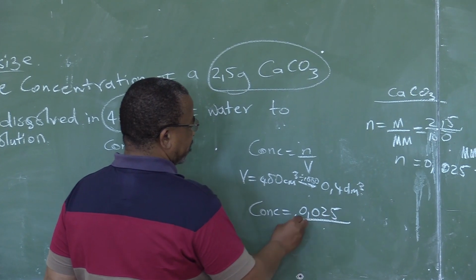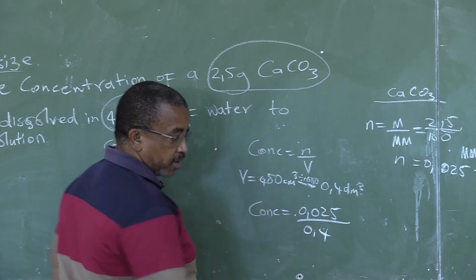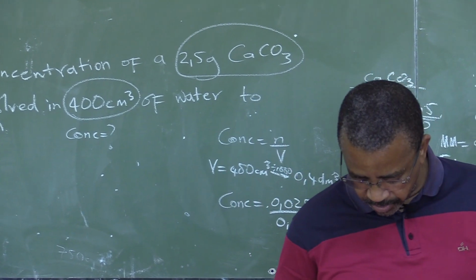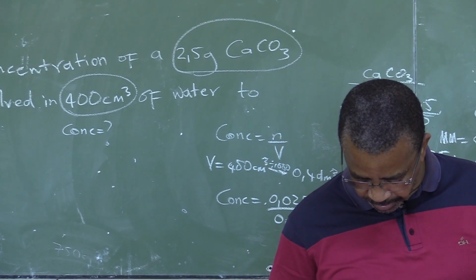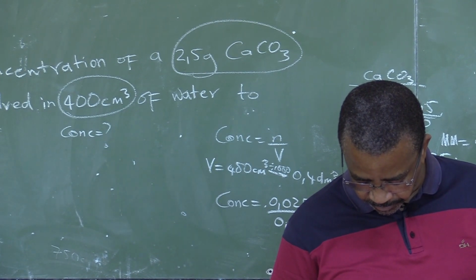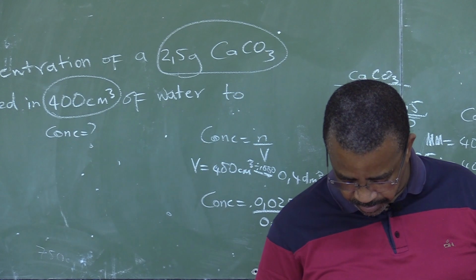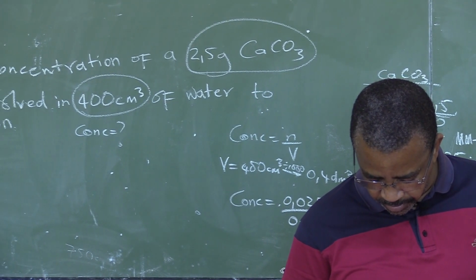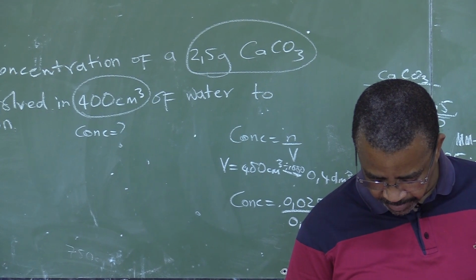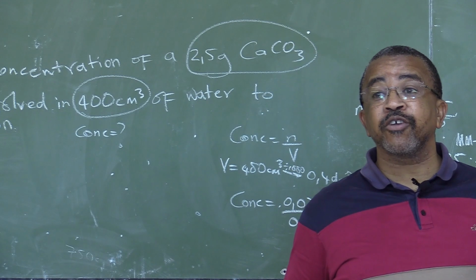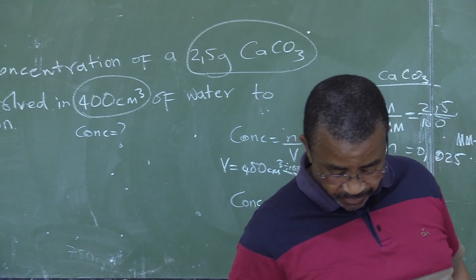0,025 divided by what? 0,4. Let's see, 0,025 divided by 0,4. I get 0,0625.